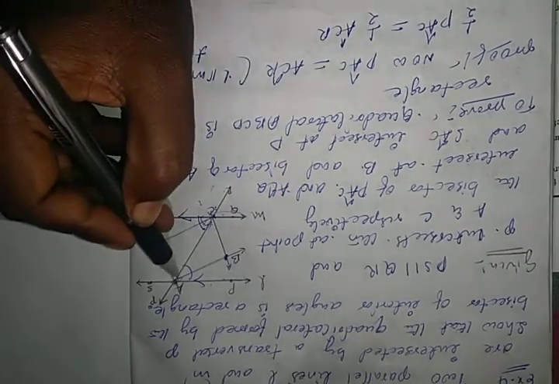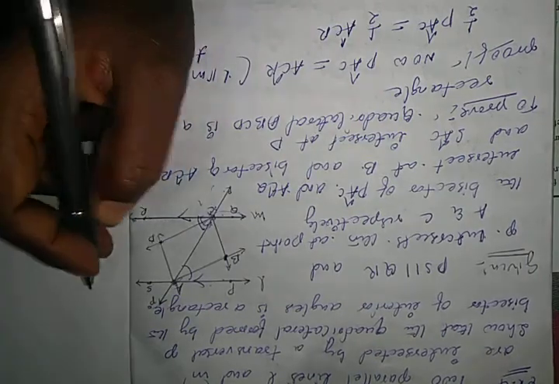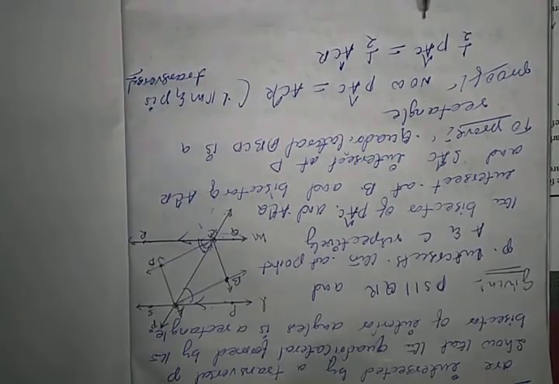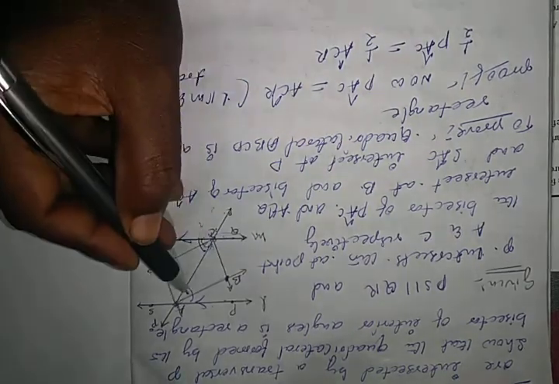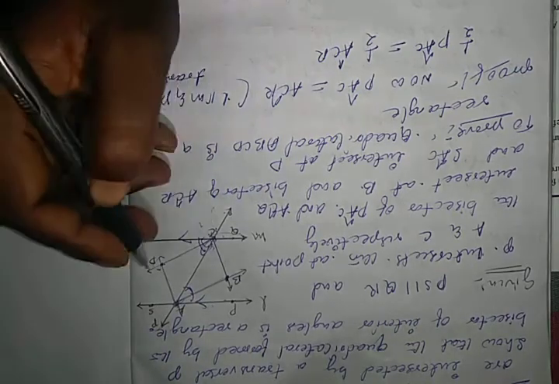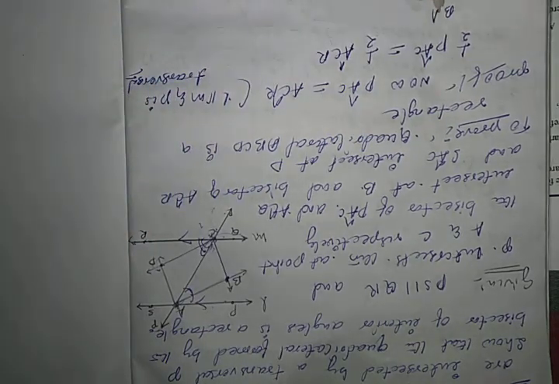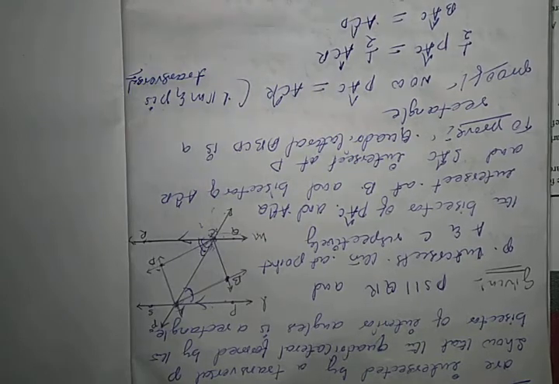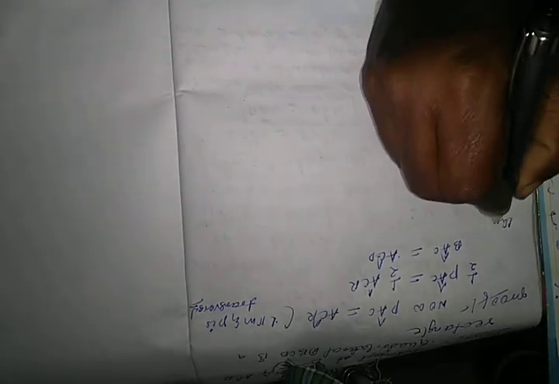Already you know that angle BAC is equal to angle ACD. Very important. These form a pair of alternate angles.